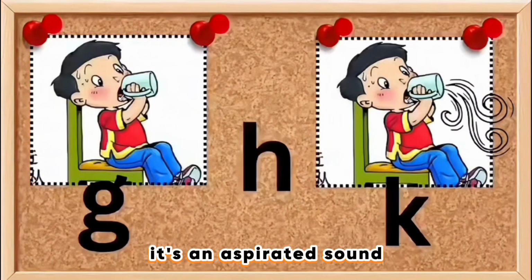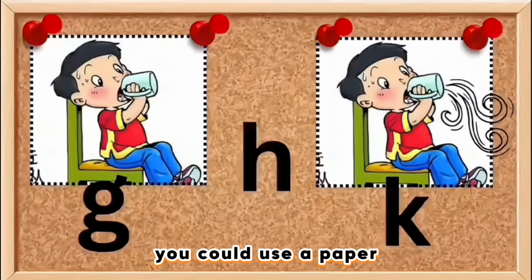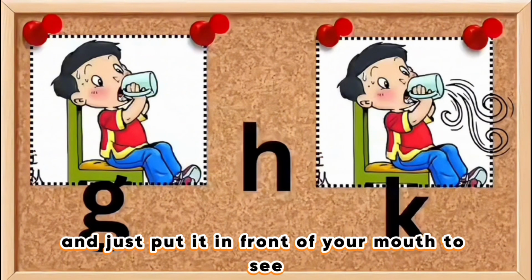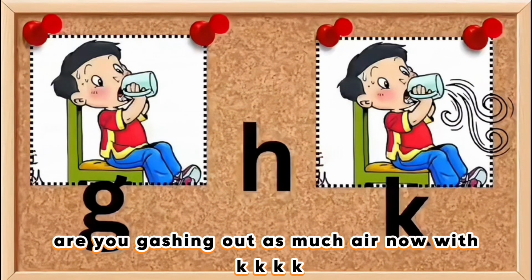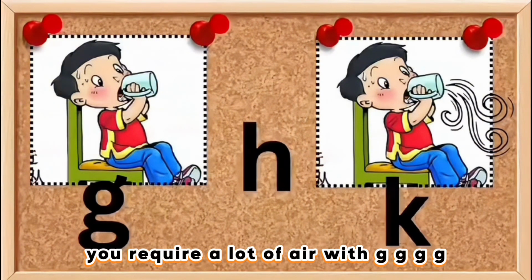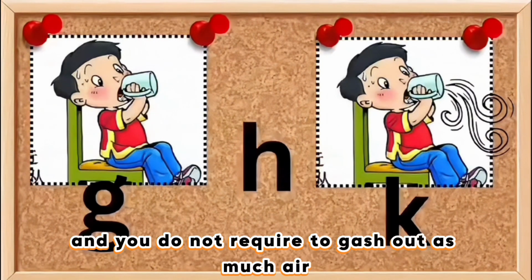Every time I say it's an aspirated sound, you could use a paper and just put it in front of your mouth to see, are you gushing out as much air? Now with k, you require a lot of air. With g, it is soft and you do not require to gush out as much air.